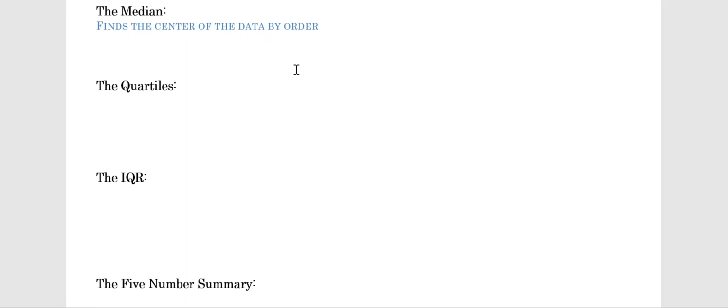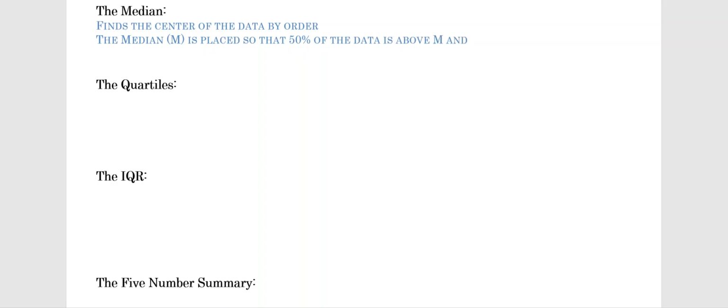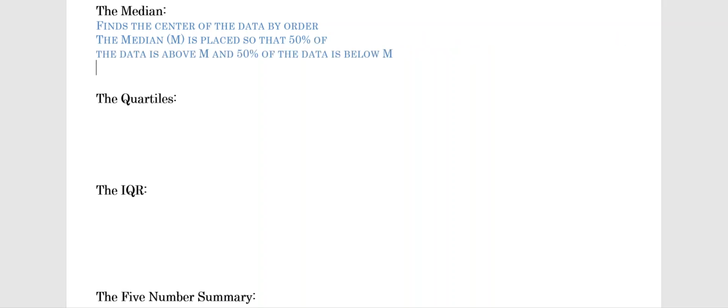It means that the median, which we use the symbol capital M for, is placed so that 50% of the data is above M and 50% of the data is below M. I'm going to draw a picture of this next to it.